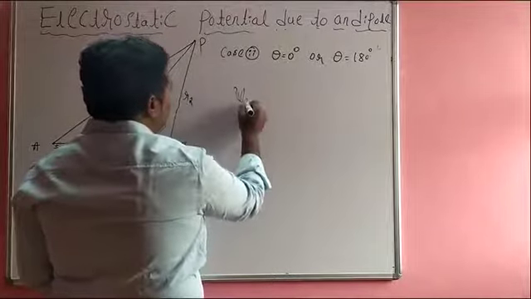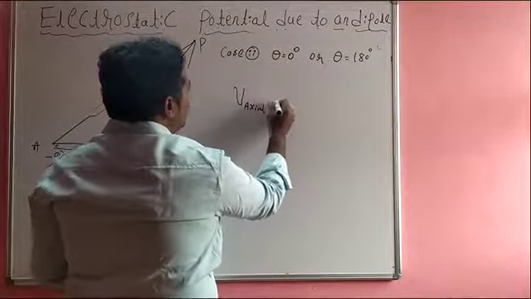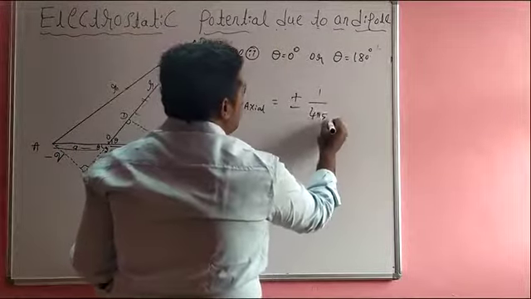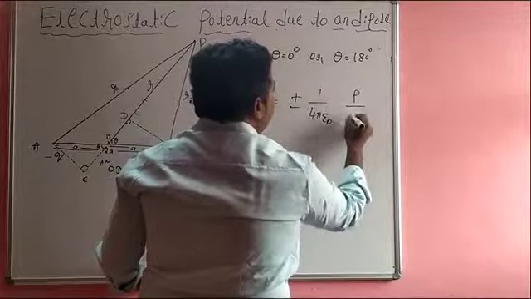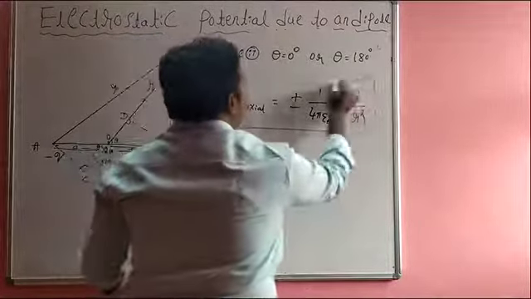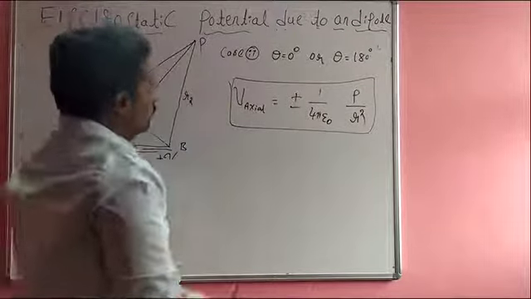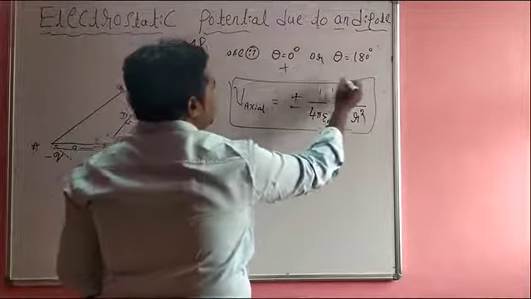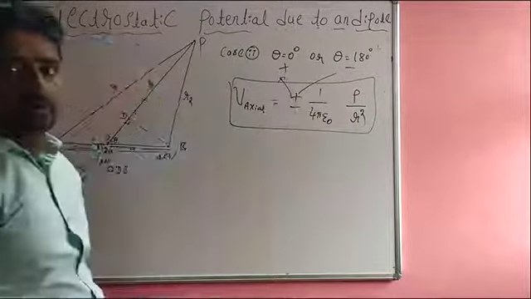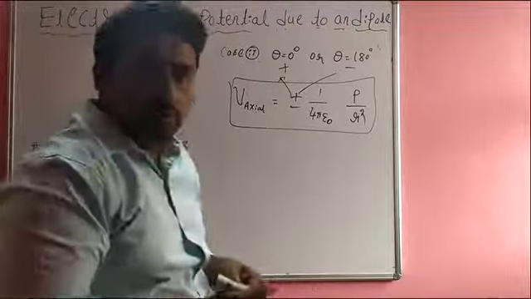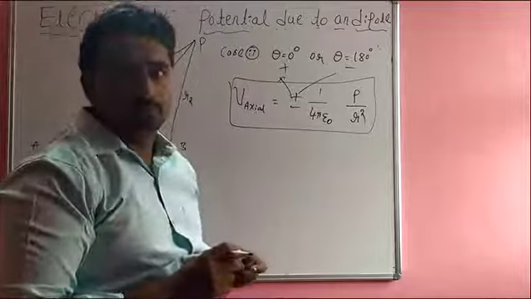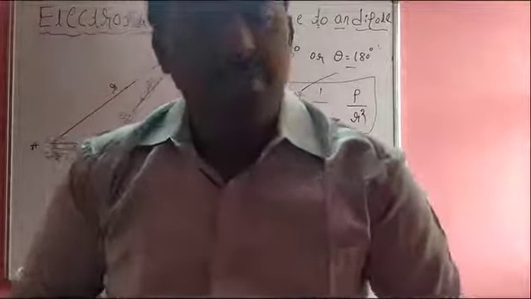Then on the axial of the dipole, V is equal to plus or minus 1 divided by 4 pi epsilon naught times P divided by r square. Positive here, negative there, and positive here. So this is called the electrostatic potential on the axial of the dipole. Okay, let's see in the next class.